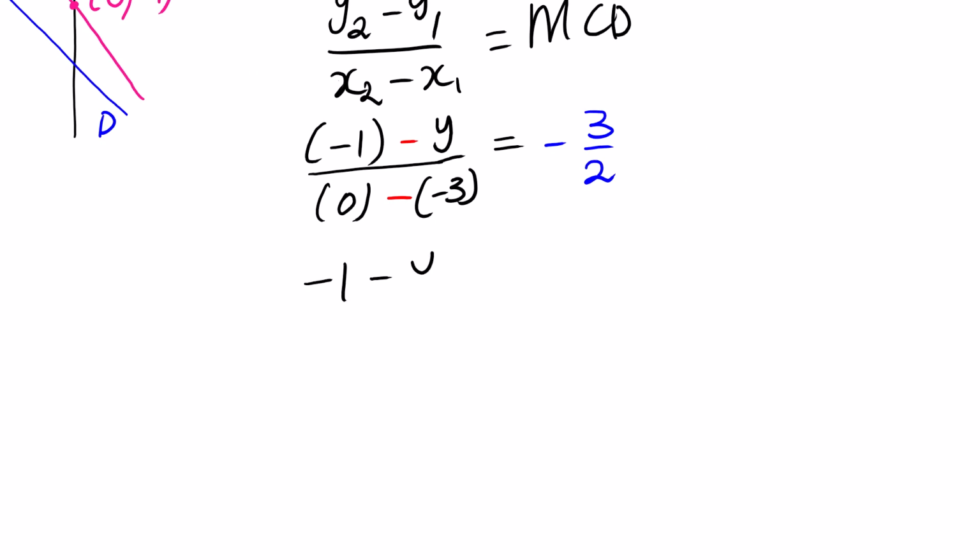We have -1 minus y over 0 minus negative 3. Negative multiplied by negative is +3, so we have 0 plus 3, it's equal to -3/2.